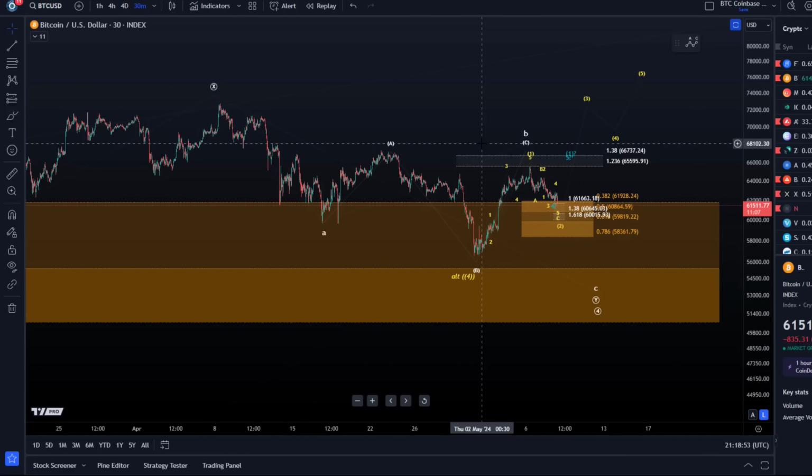This is an important juncture now. These two counts, yellow and white, now that they moved temporarily together, should diverge from each other. If we don't see a reaction, then it's the white count, and to keep the yellow count alive, the market needs to turn around soon, but it still has quite a bit of space in that yellow support region.